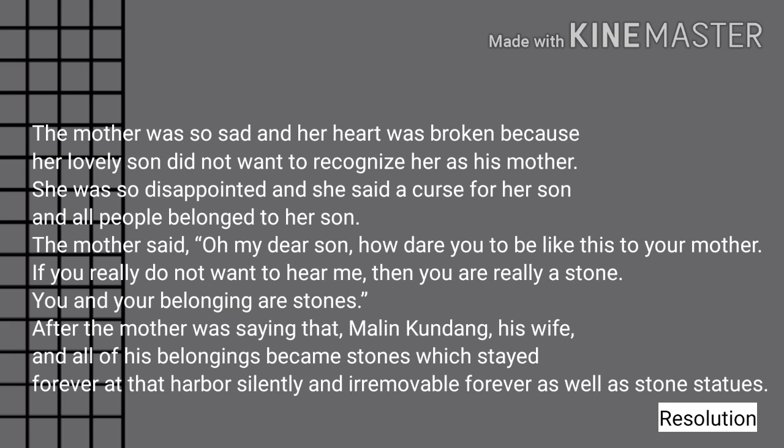She was so disappointed, and she said a curse for her son, and all people belonged to her son. The mother said, "Oh, my dear son, how dare you to be like this to your mother? If you really do not want to hear me, then you are really stoned. You and your belongings are stones." After the mother saying that, Malin Kundang, his wife, and all of his belongings became stoned, which stayed forever at harbor silently and irremovable forever, as well as stone statues.